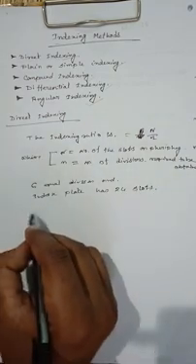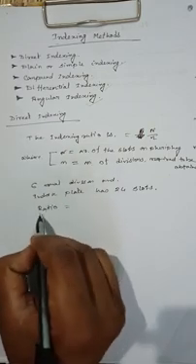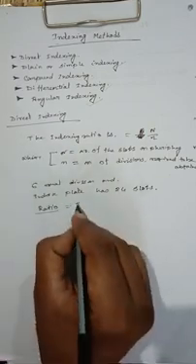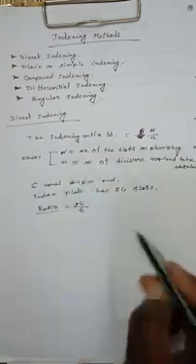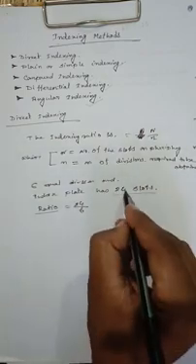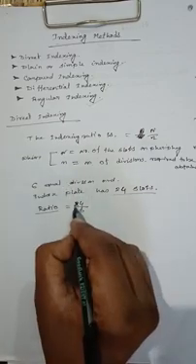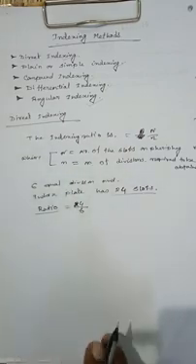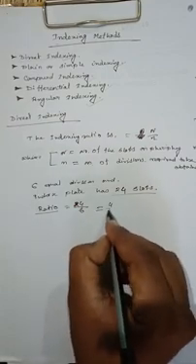Then the ratio is 24 by 6. 24 is my number of slots, the index plate has 24 slots, and 6 is the number of equal divisions. That is 4 by 1.